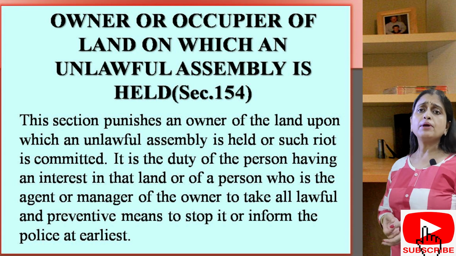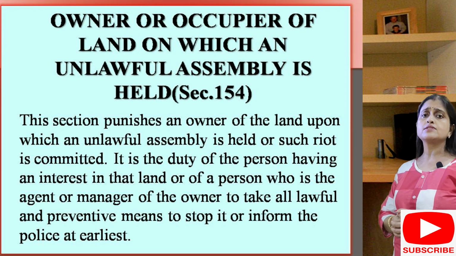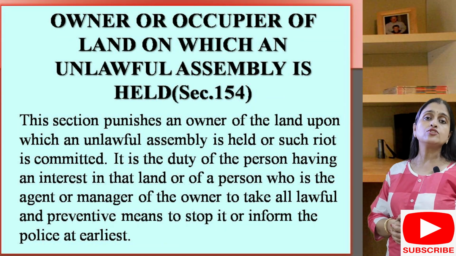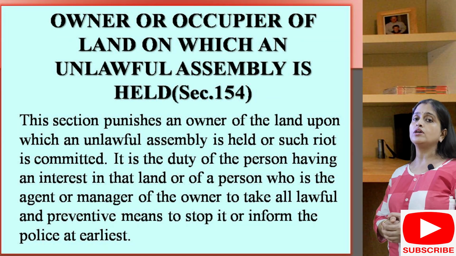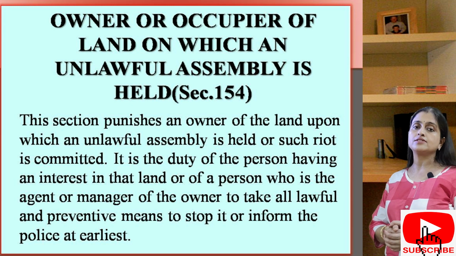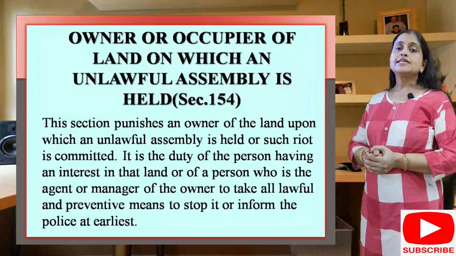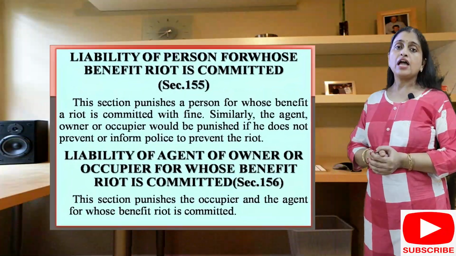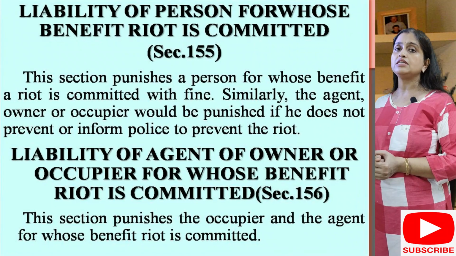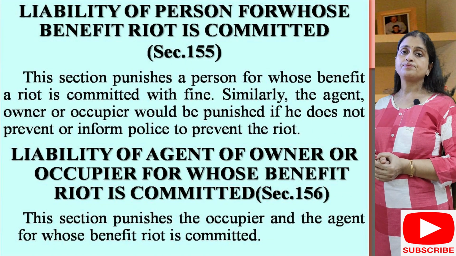It is the duty of the person having an interest in that land or of a person who is the agent or manager of the owner to take all lawful and preventive means to stop it or inform the police at the earliest. Section 155. Liability of person for whose benefit riot is committed.